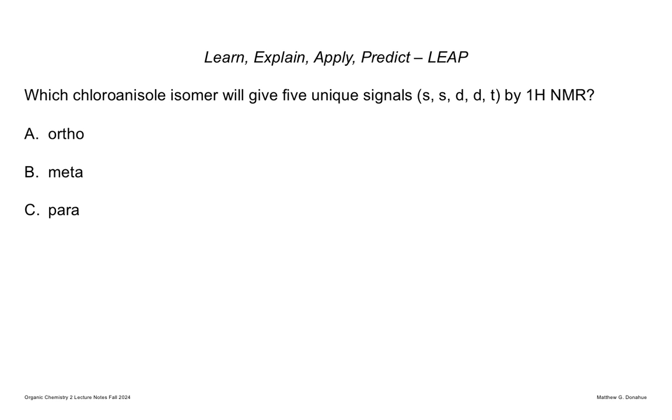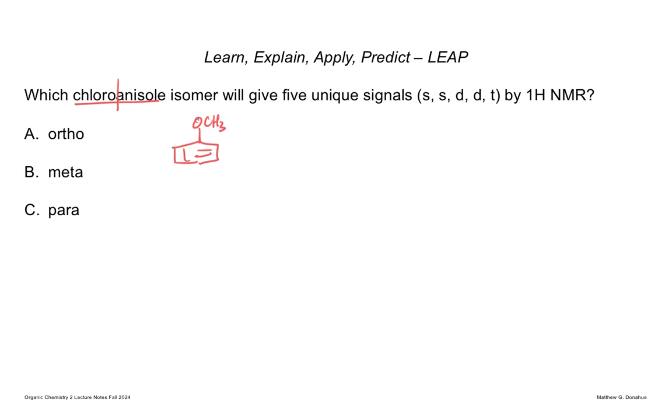So we're given the prompt chloroanisole. So there's a chlorine, but what is anisole? Anisole is methylphenyl ether. So the methoxy group is called anisole.